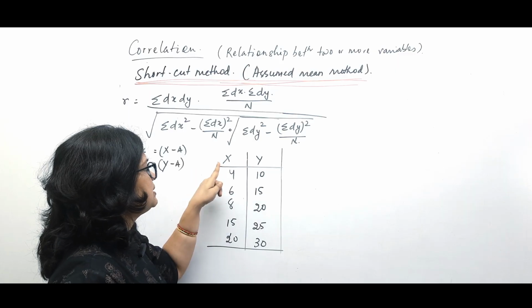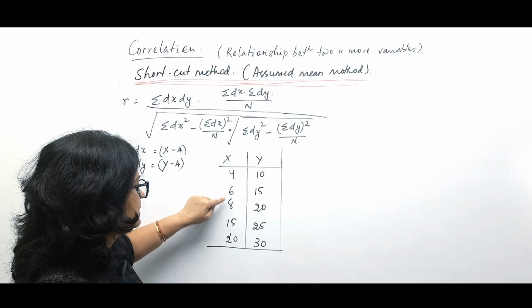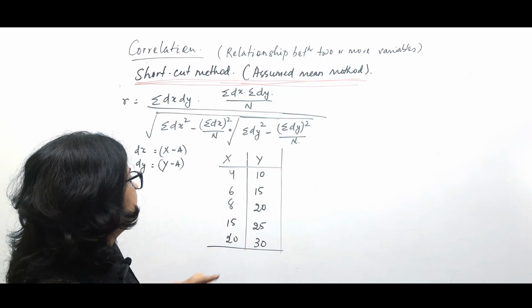I have taken two variables x and y. The values of x are 4, 6, 8, 15 and 20, and y is 10, 15, 20, 25 and 30.